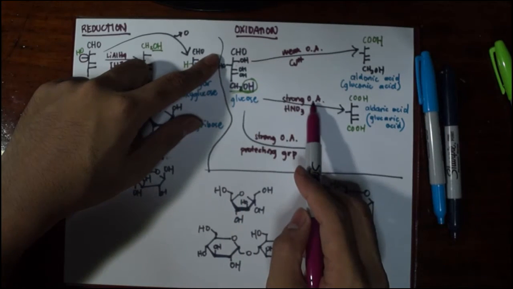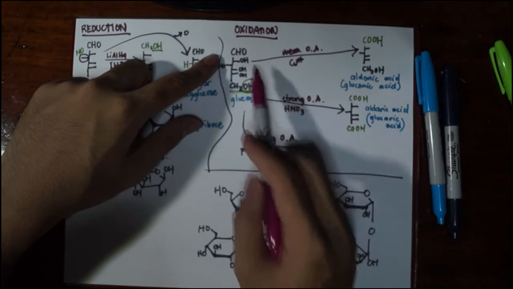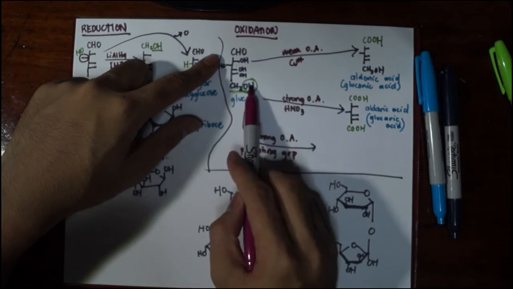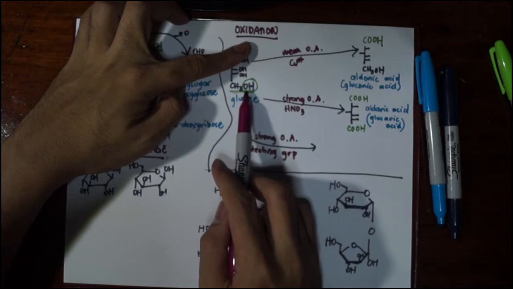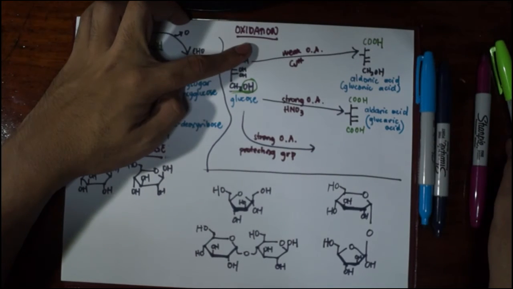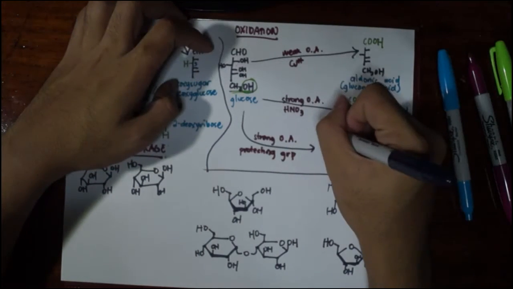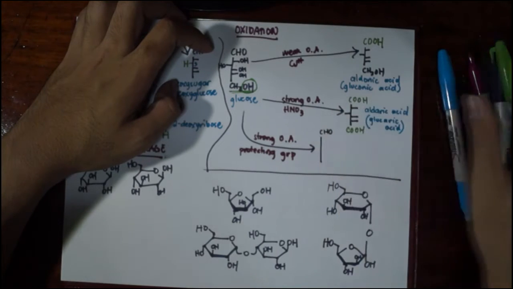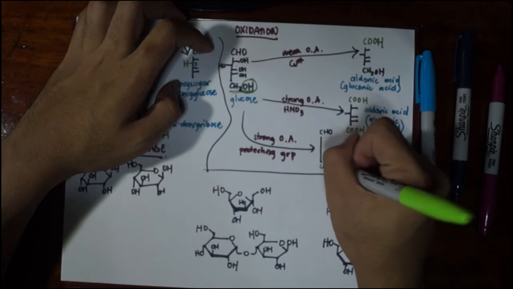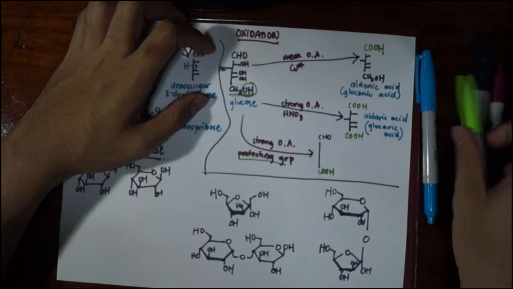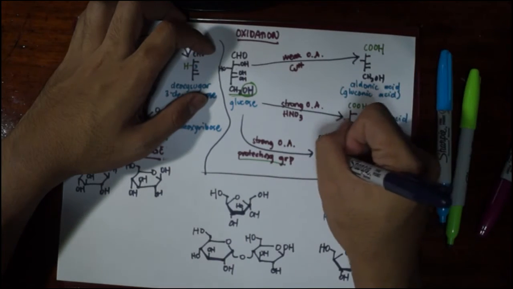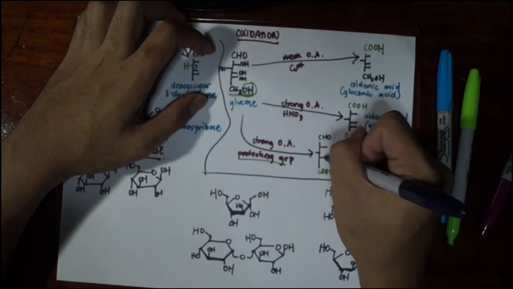So if you use a strong agent without any protecting group, you oxidize these two ends. Now that you have protected this portion, what is left to oxidize? The primary alcohol group at the end. And so here you have a combination of a formyl group and a carboxyl group at the end. Again, when you use a protecting group, that is. And everything in the middle, as with the first two cases, remains unchanged.